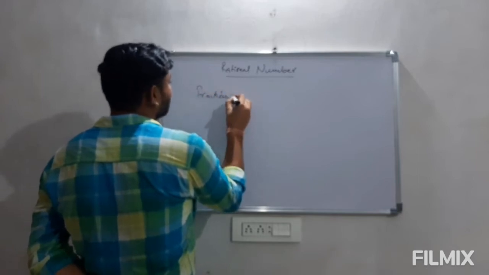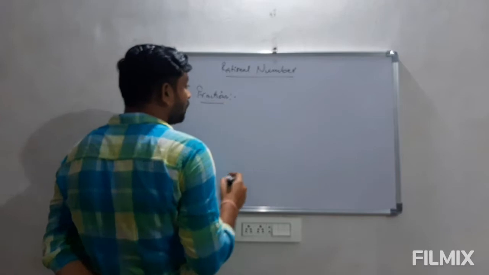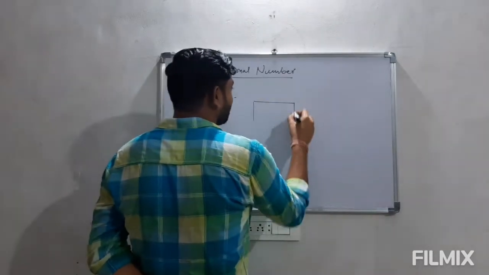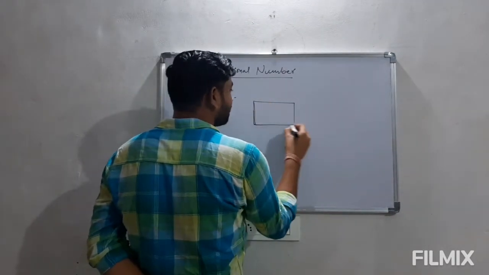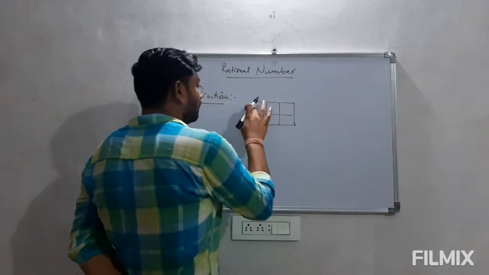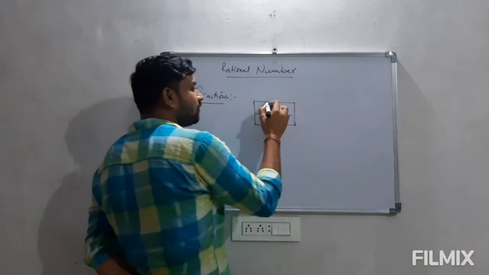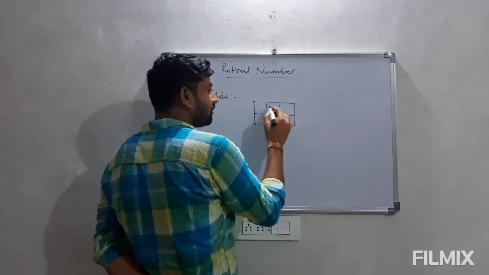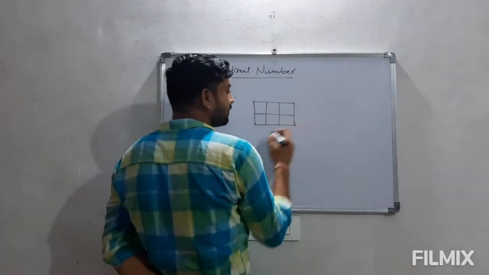In fractions, suppose one figure is given to you like this. Suppose these are the total equal parts in this, so total 1 2 3 4 5 6 parts are there.